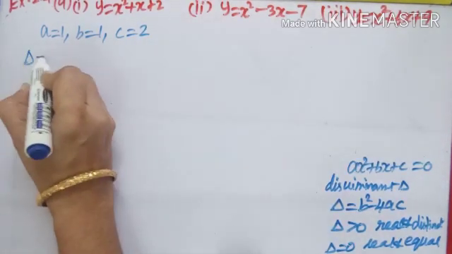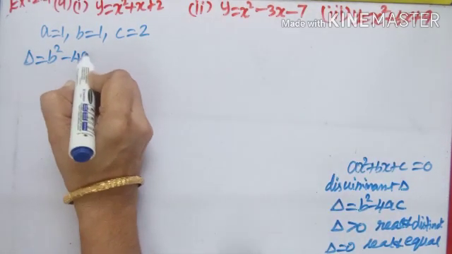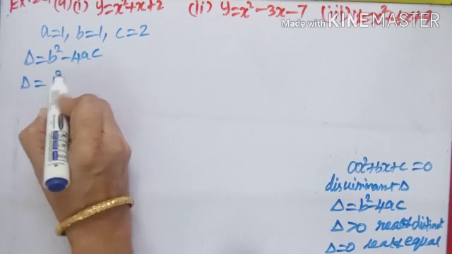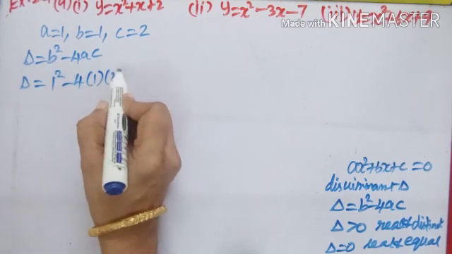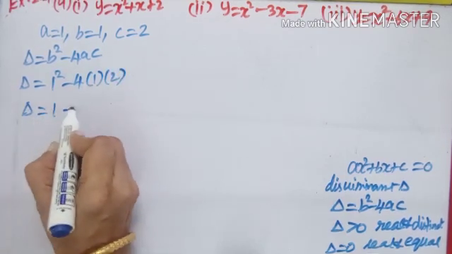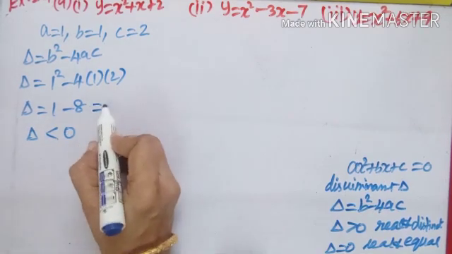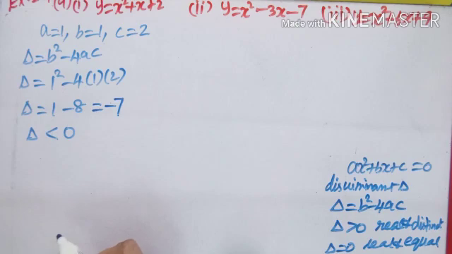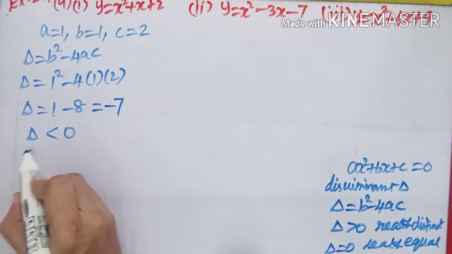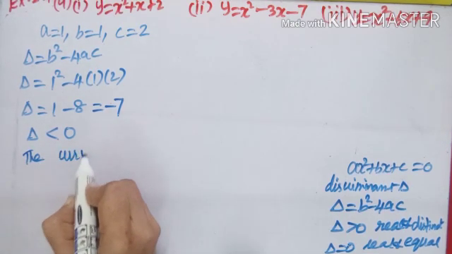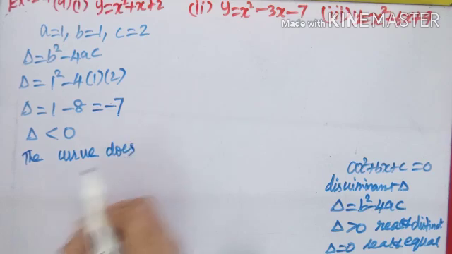I need to find the discriminant. B square minus 4ac, 1 square minus 4 into 1 into 2, or it is 1 minus 8, that is less than 0. So when I get less than 0, I declare the curve does not touch the x-axis.